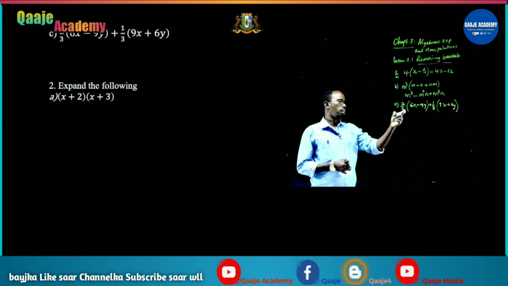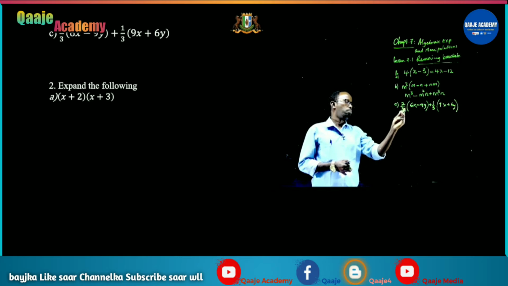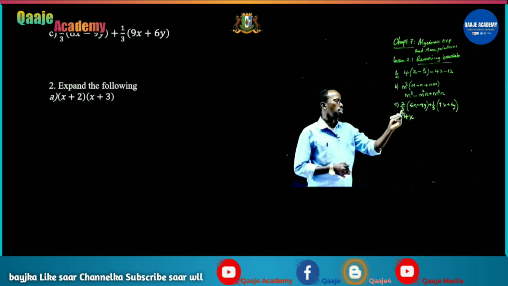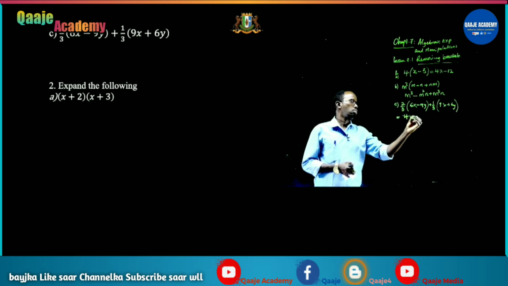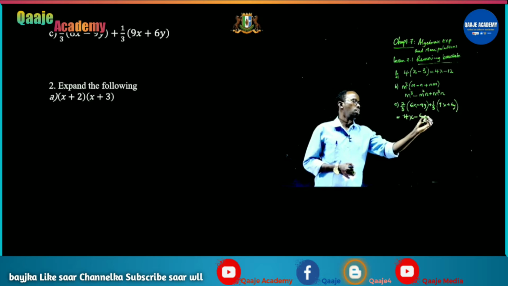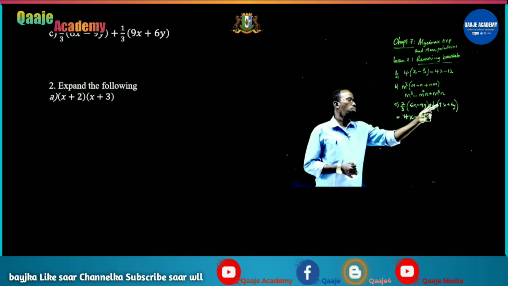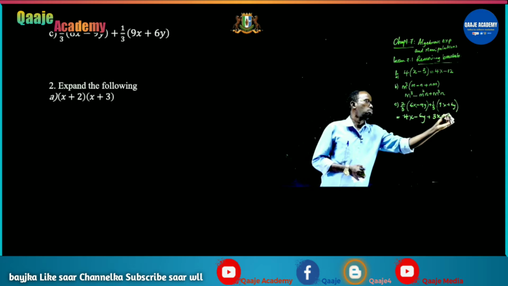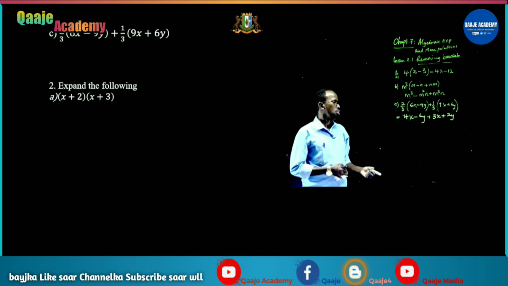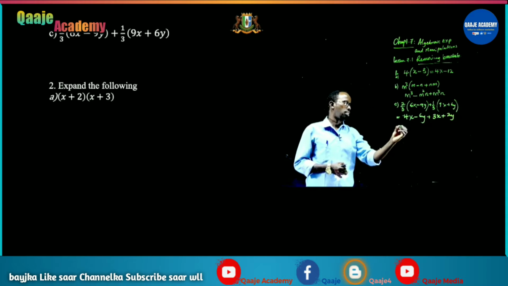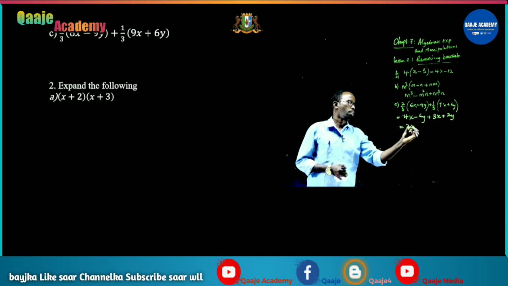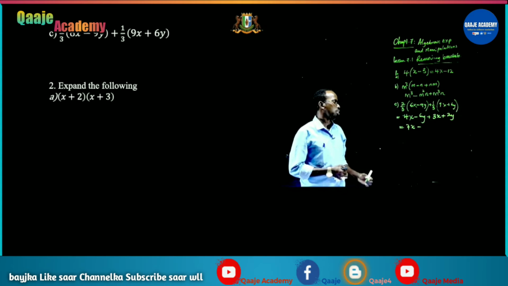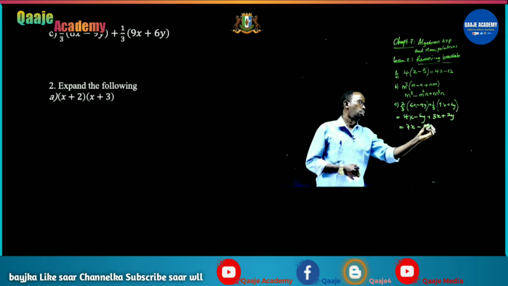The number outside the bracket is multiplied, so 1 by 3 times 6x, you get 4x, then 2 by 3 times 9y, you get 6y, and then plus, 1 by 3 times 9x, you get 3x, and 1 by 3 times 6y, you get 2y. So 4x plus 3x, like terms, you get 7x, minus 6y plus 2y, you get minus 4y.